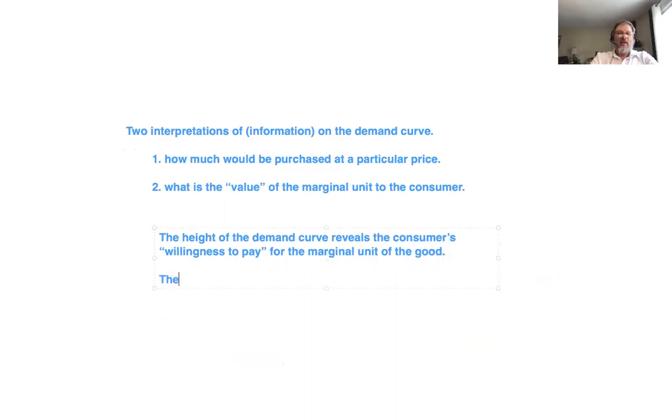So the willingness to pay, and sometimes we abbreviate that way, for the good is actually the maximum marginal willingness to pay.